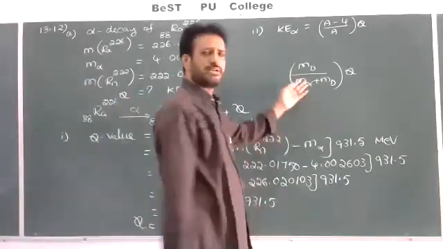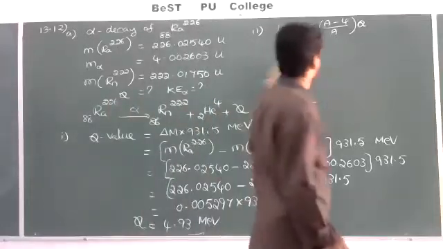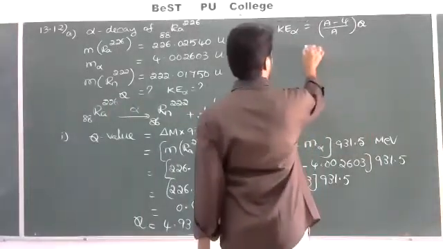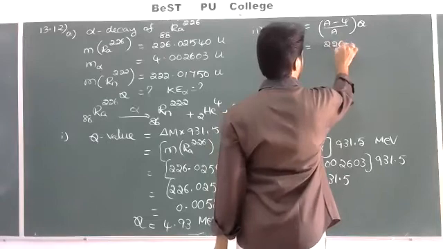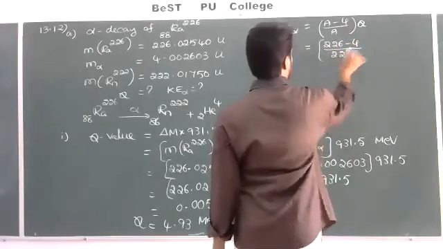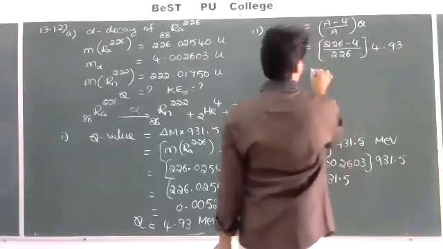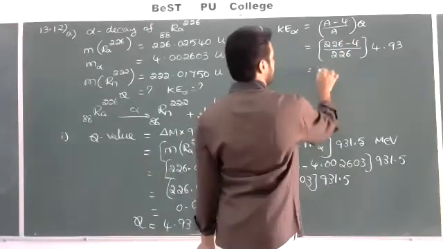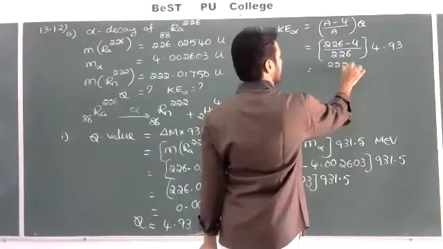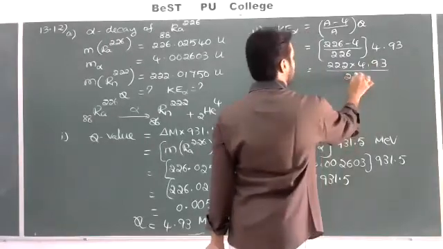You can also follow the longer one, but you have to substitute lengthy values. Instead, I take A minus 4 as 226 minus 4 by 226 into the Q value already obtained, 4.93. That is equal to 222 by 226 into 4.93.